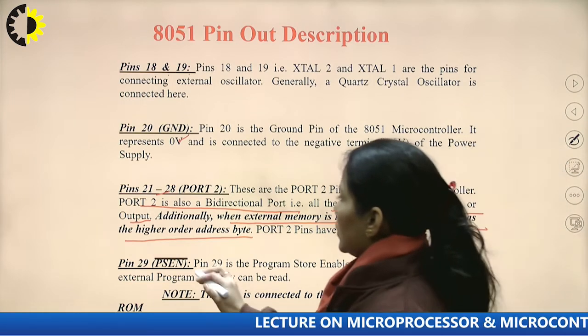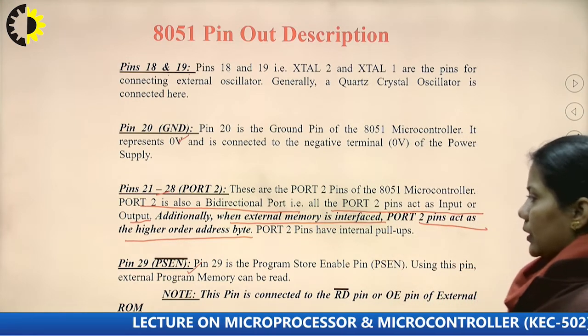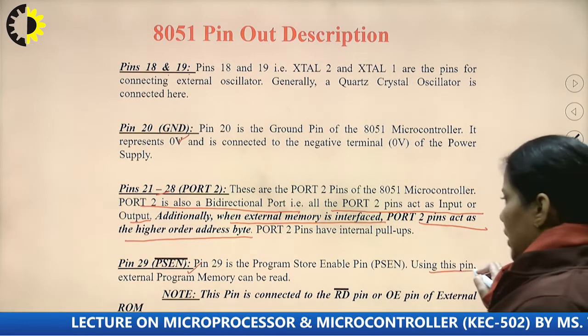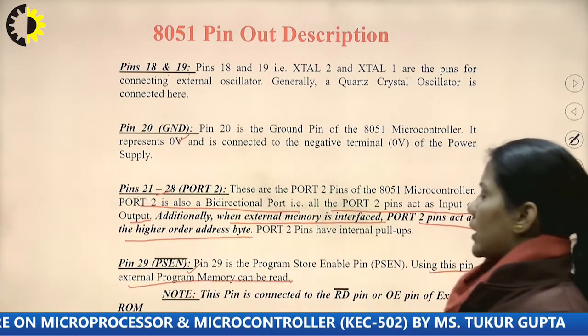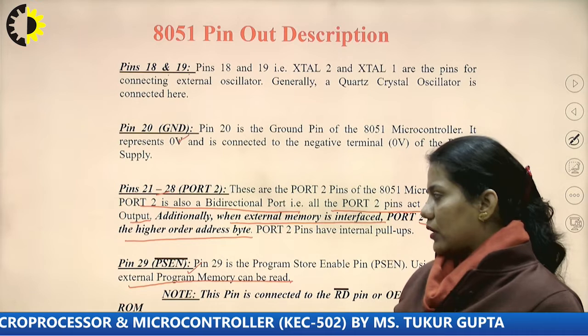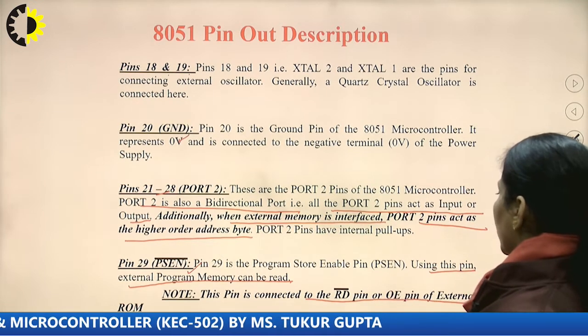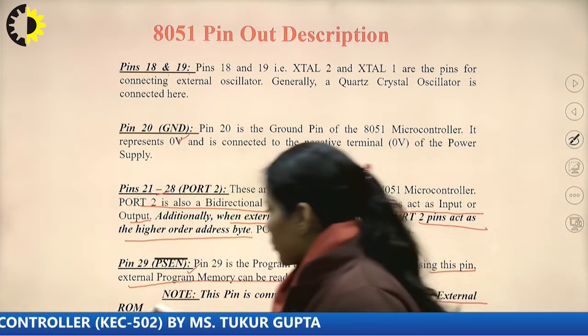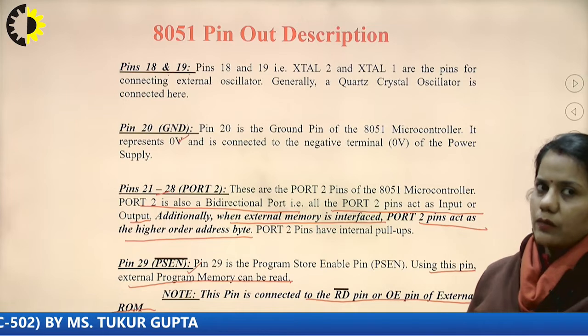So now pin number 29, that is the PSEN, program store enable. This pin is used to connect external program memory. By connecting this pin to the read pin or the output enable pin of external ROM, we allow reading from the external memory.